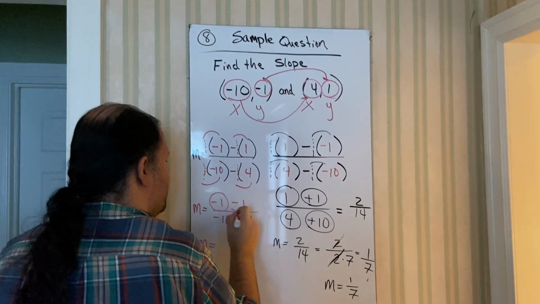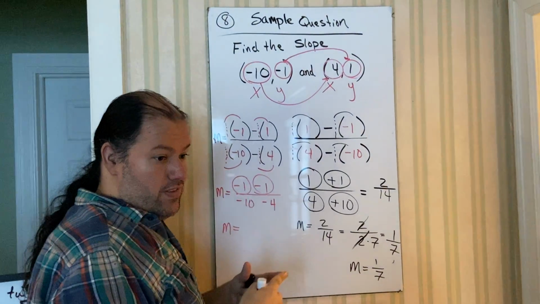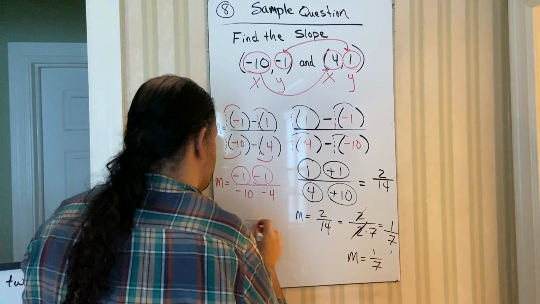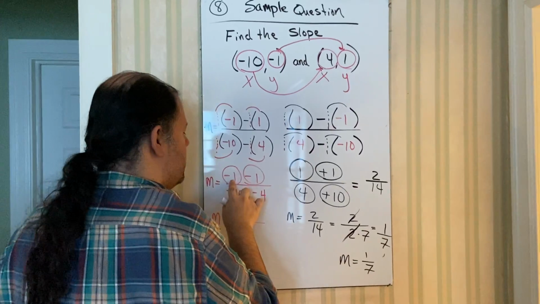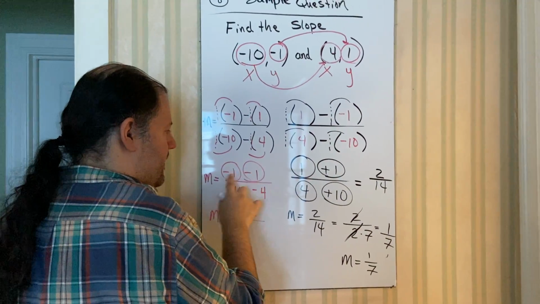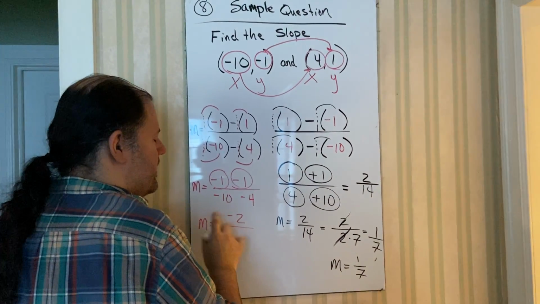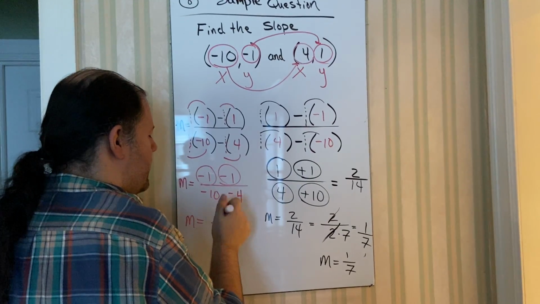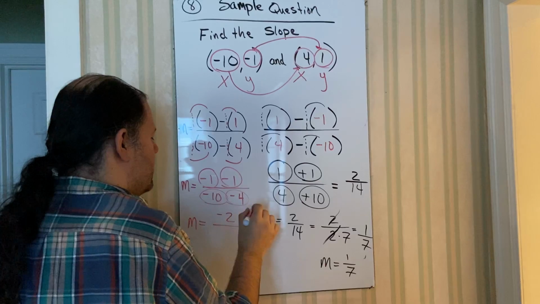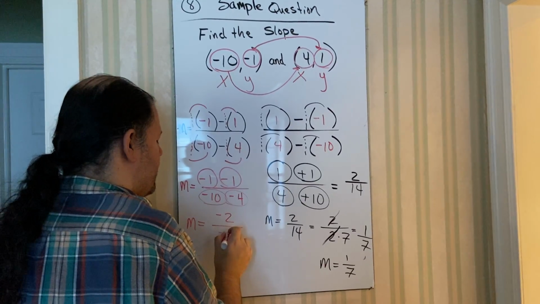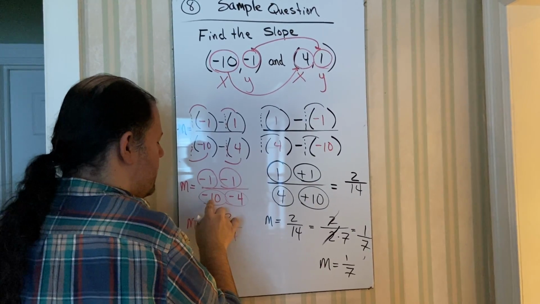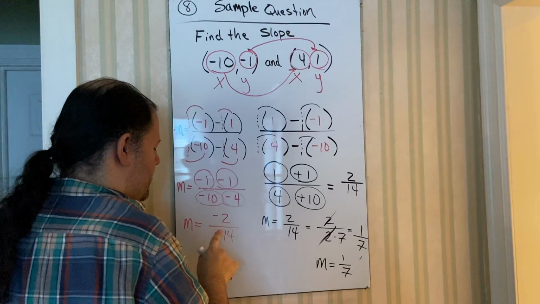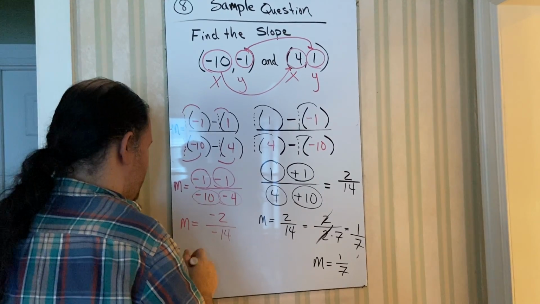So -1 and a -1, you know that two of the same labels add. And who wins the tug of war? It's a tie. So we're going to have it as -2. Here, -10 and a -4. Same negatives, so you add. Who wins the tug of war? 10 players. So team negative.